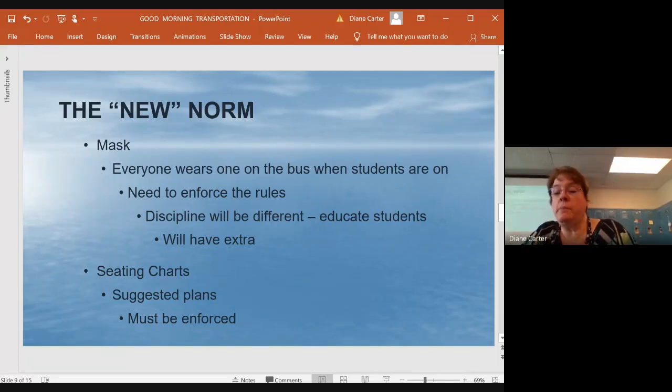We will have to use painter's tape on seats. I don't have a problem with you putting an X in the middle and an X on the two sides. Once you get your route and we're talking about the seating charts and stuff, you can go and do that for your bus and take care of it.